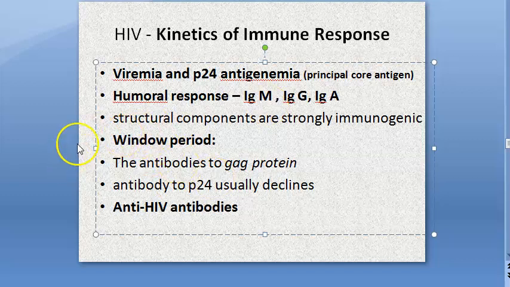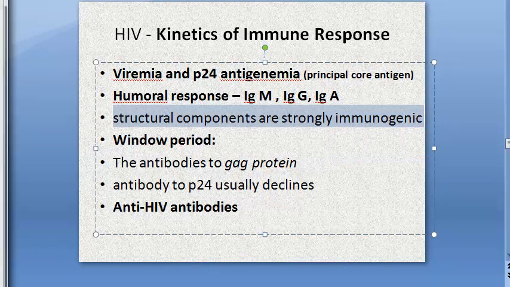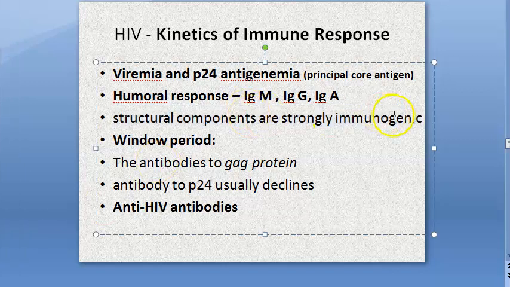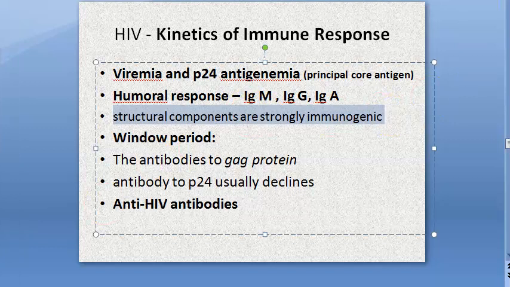Then structural components are strongly immunogenic, that is the HIV structure, right? They will induce the formation of antibodies, whereas immunogenicity of regulatory and accessory proteins is variable. That you leave, okay? Against the structure of the virus, we make a lot of antibodies.